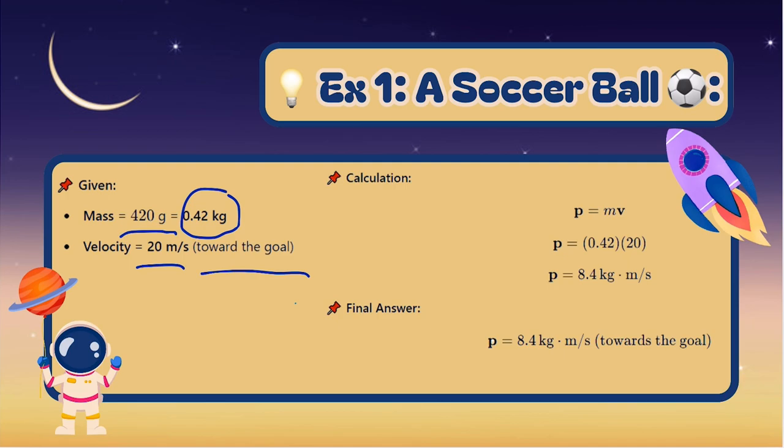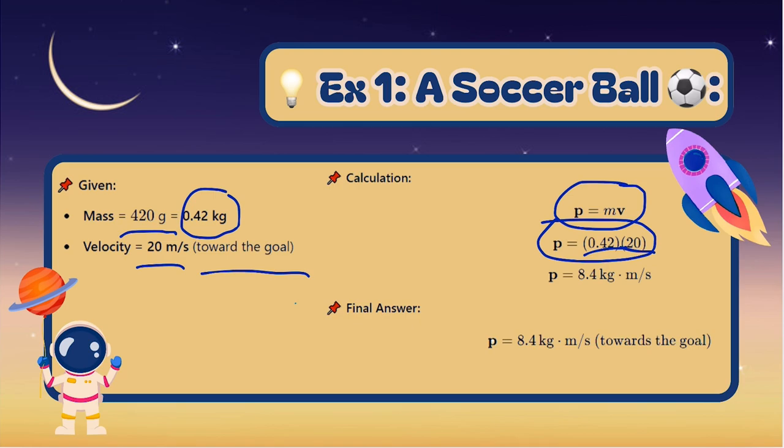So to do the calculation of momentum, we're going to write the formula down to say p = m × v, and then we put in our values, so 0.42 kg and 20 meters per second. And when you substitute, it's not necessarily important to write the units, as long as you remember to write them at the end.